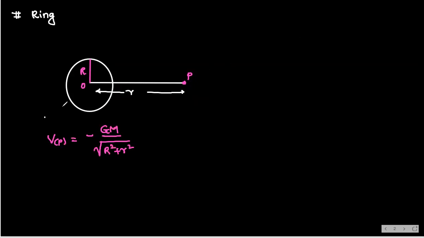Now this is number 1 point, which is outside. At center, what is the case? At center you will have r equal to 0. If you substitute r equal to 0, then V is equal to what? Minus GM divided by under root R square plus 0 square.